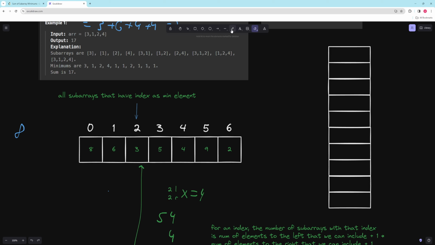Using these indices, we know that to the left of 6 there's only 1 element, and there are no elements to the right because 3 is right after it. So if there's 1 to the left and none to the right, remember we add 1 to each, so it'll be 2 times 1 times 6, which is 12. We add 12 here and get 20 as our current total.